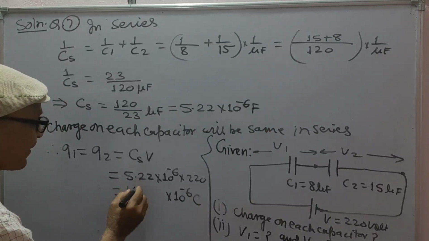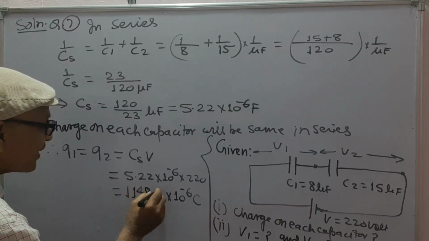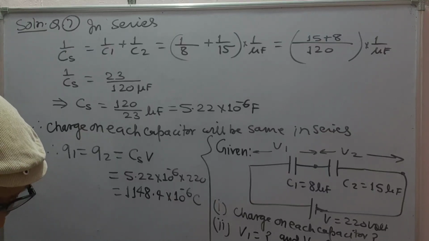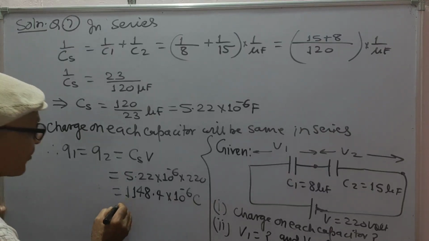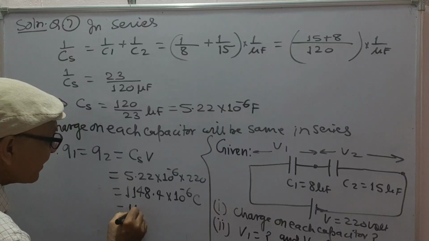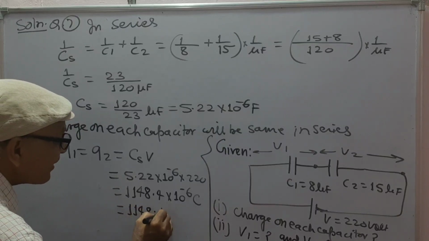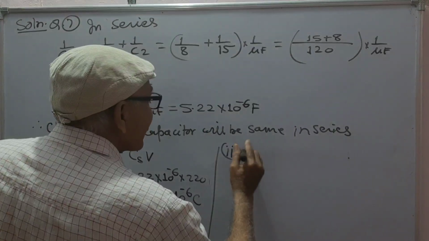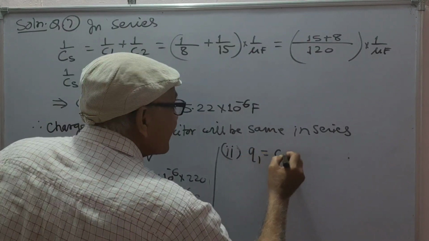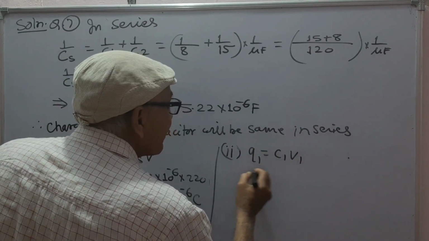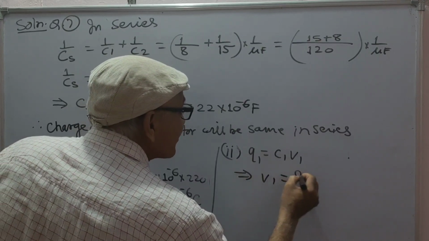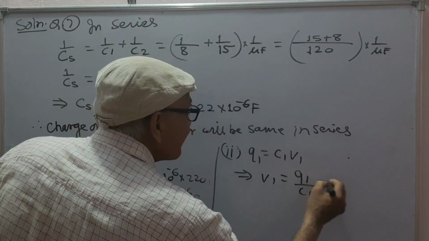So 1148.4 into 10 to minus 6 coulomb, which may be written as 1148.4 microcoulomb.